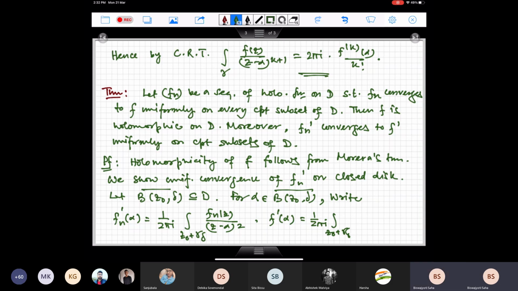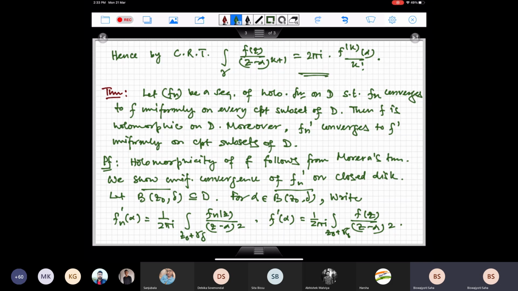Okay, so z naught plus gamma delta f z divided by z minus alpha square. I just write the same expression for fn prime and f prime.